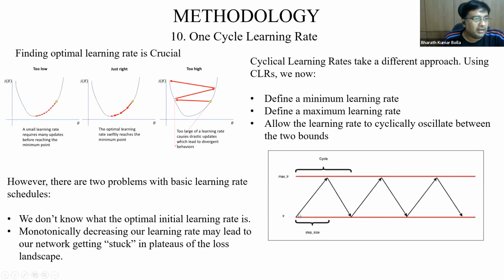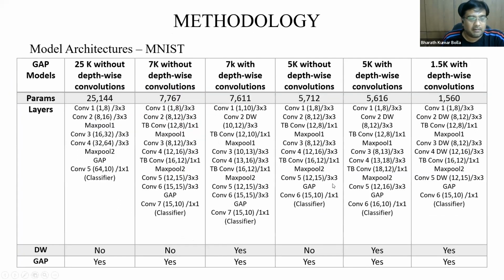You first have a step size, you increase your learning rate, then you decrease it again, and you alternate between the cycles to figure out the optimum learning rate you should start with. You don't need to implement this from scratch, as PyTorch already has an implementation of one cycle learning rate.